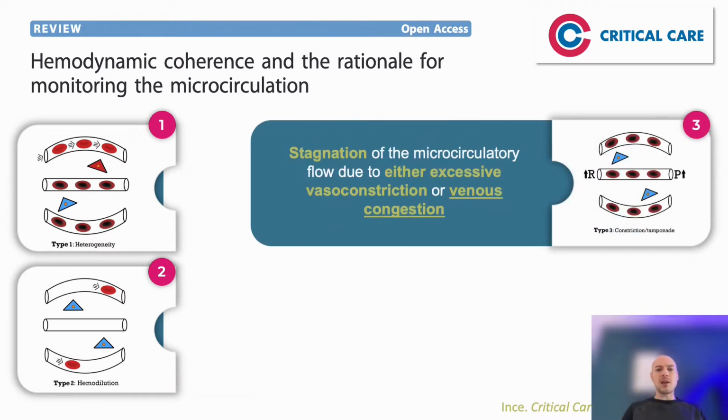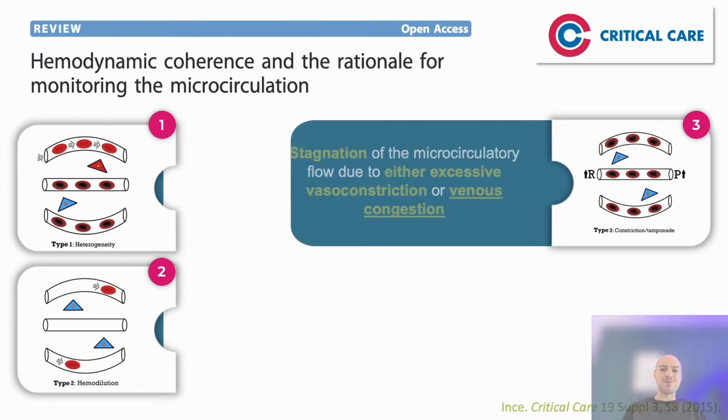Type 3 is the one that we will focus on. There is a global stagnation of the red blood cell flow due to either an increase in arterial resistance, namely excessive vasoconstriction, or an increase in venous pressure, causing a hindrance to the flow.